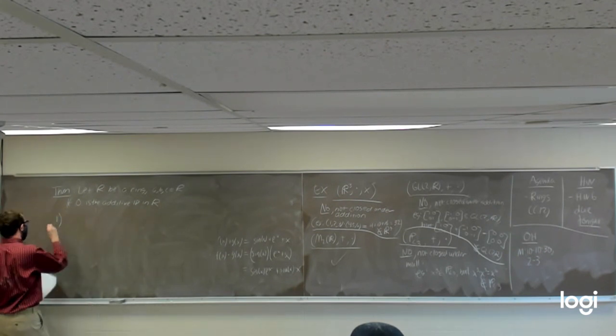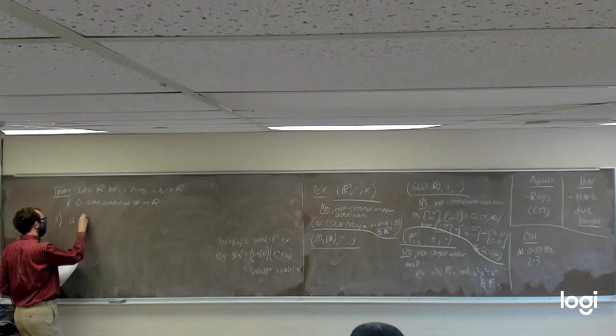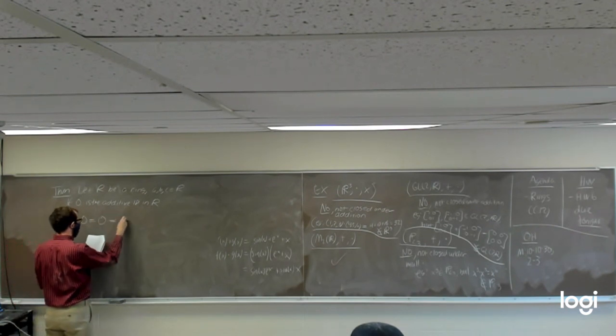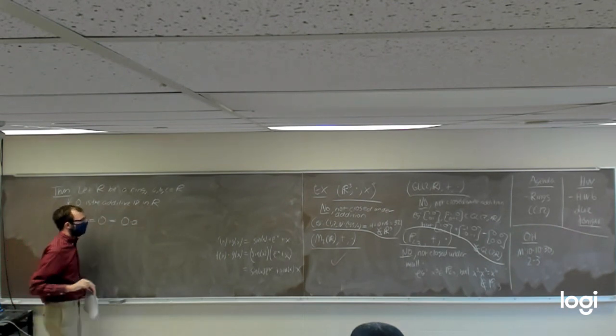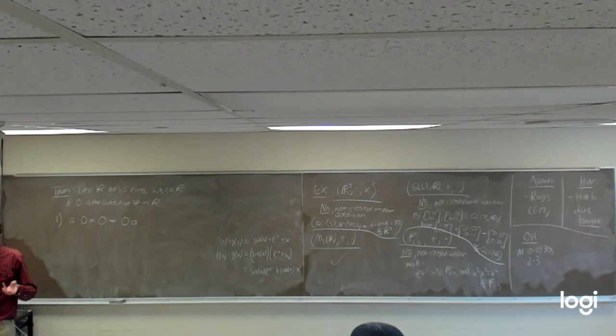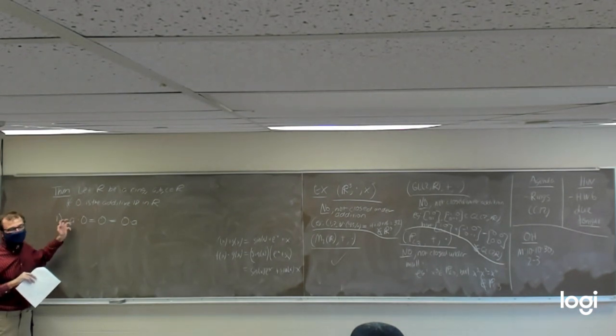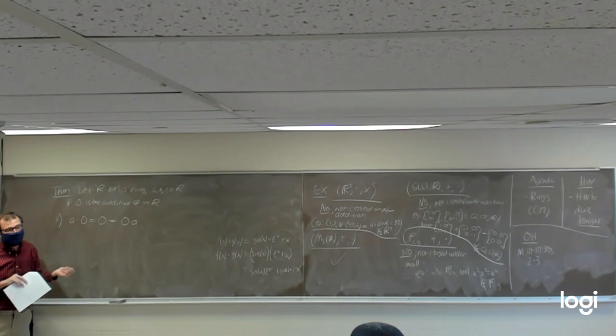Then, first of all, I claim A times 0 has to be equal to 0, which is equal to 0 times A. In other words, if you take the additive identity in your group and multiply it by anything else in your group, you're going to get back the additive identity.